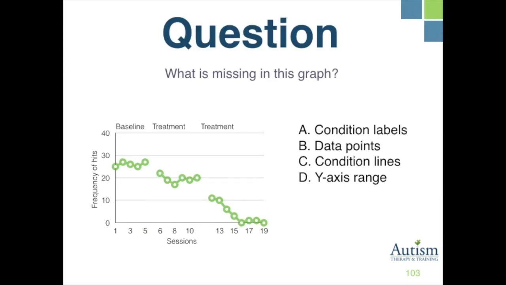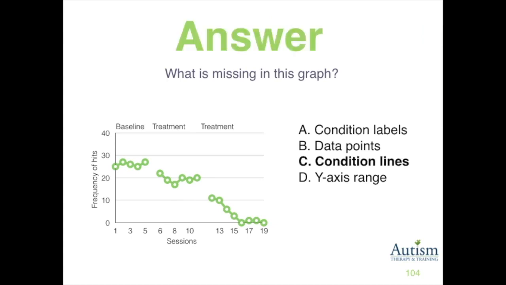What is missing in this graph? A, condition labels, B, data points, C, condition lines, or D, y-axis range? And the correct response is C, condition lines.